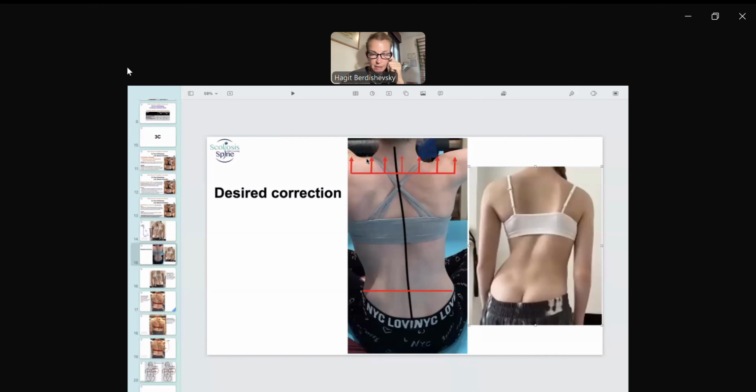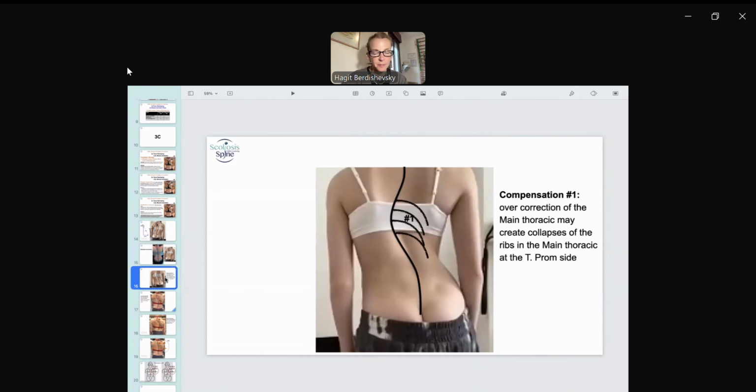Still the left one is higher, to my satisfaction, but okay, it needs to be leveled. Parallel lines, right and left, even though these lines are on a diagonal, they need to be parallel to each other, as much as parallel to the diagonal traction line here. And the pelvis and the bra and the upper thoracic all need to be parallel to each other. And this is a desired correction, basically, but it's not always happening like that.